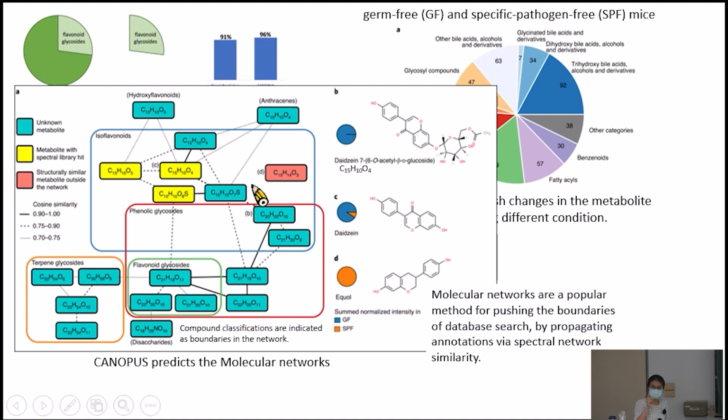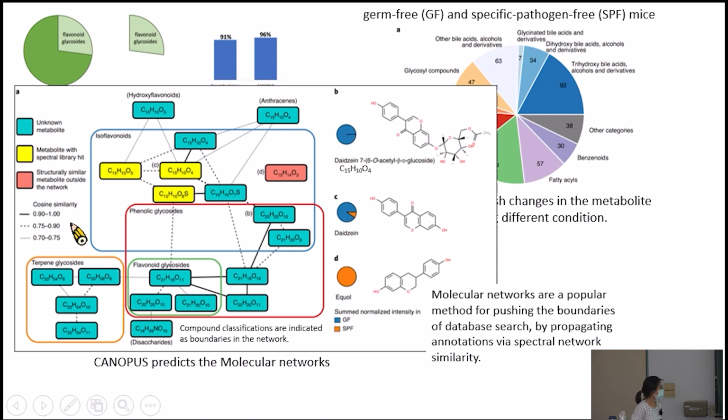one kind of compound, such as the phenolic glycosides. And this boundary shows the compound classification of isoflavonoid. They also have other compounds that can be predicted in this CANOPUS network.